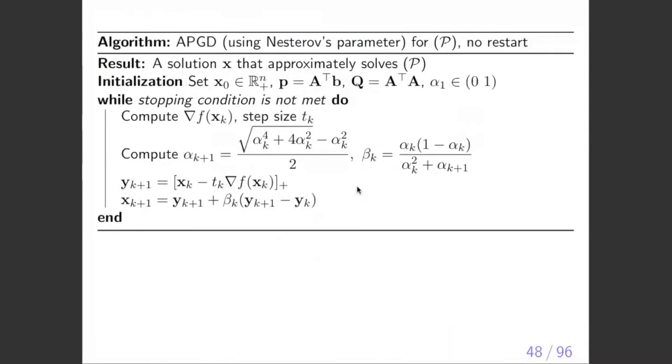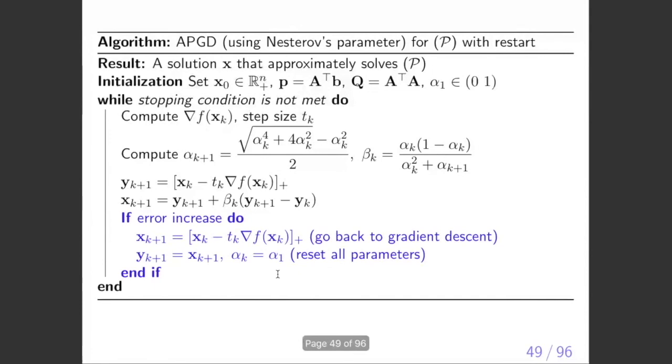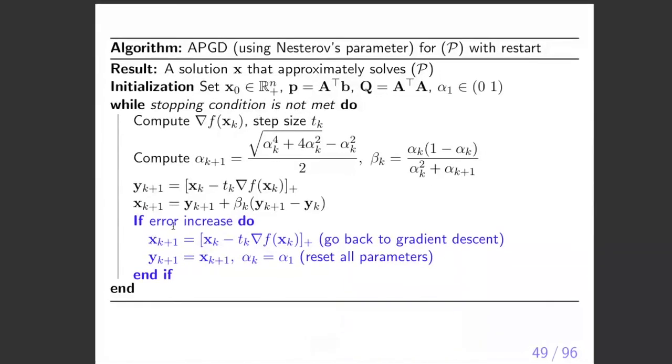How to program it? First of all, this is the APGD, accelerated projected gradient descent using Nesterov parameter with no restart. With restart, you just add the blue thing. You just compute the error, and then you check. If the error goes up, then you do this again.